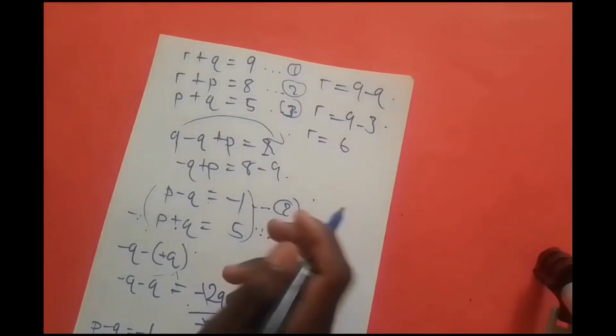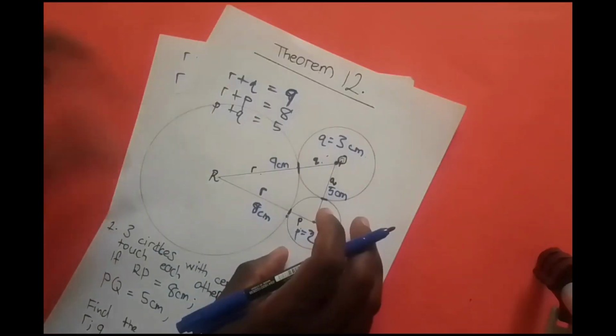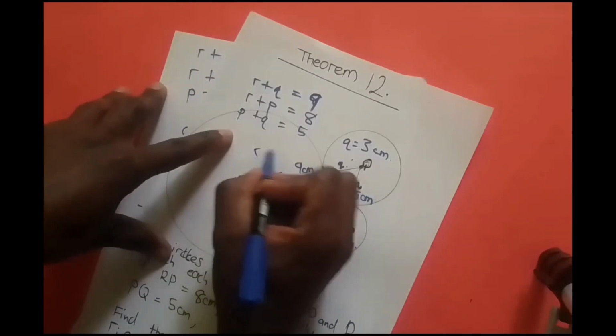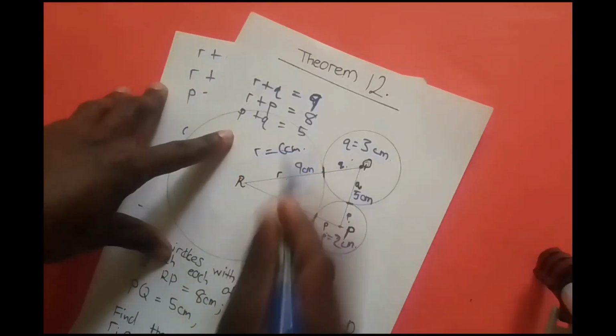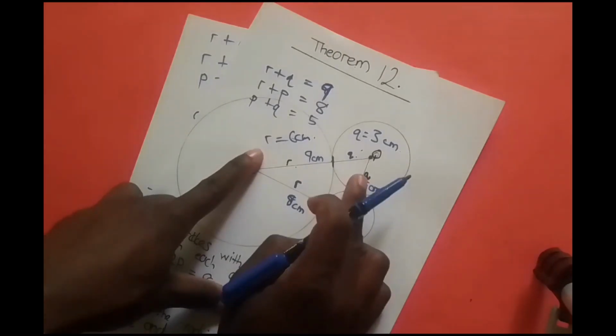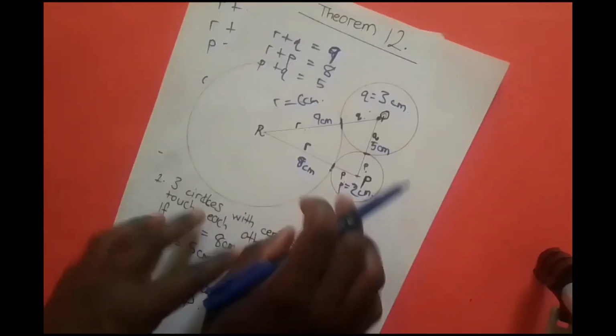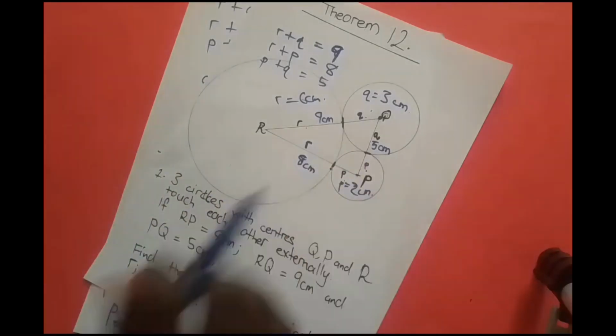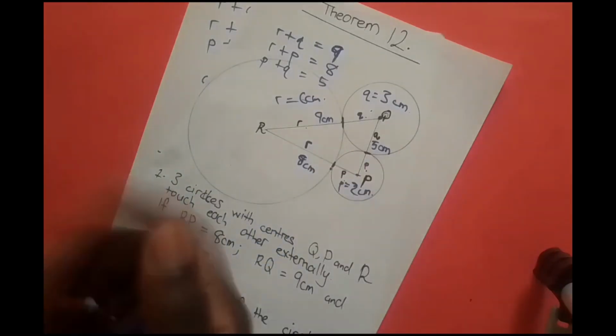It makes sense that the bigger circle has a larger radius. So the radius of the bigger circle is 6 centimeters, the slightly bigger one is 3 centimeters, and the smallest is 2 centimeters. Then you're done with mathematics completely.